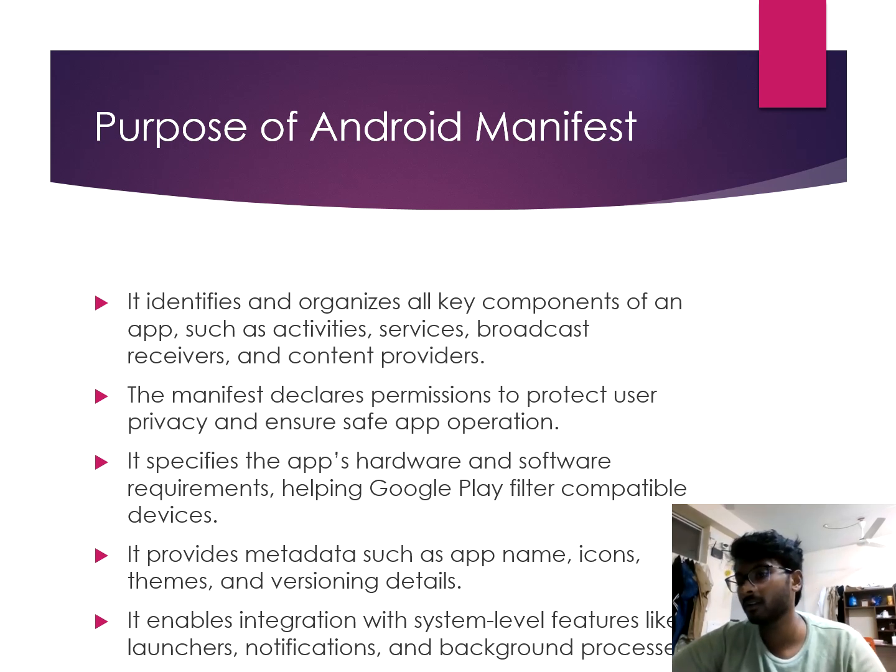So if it's made for the latest version, on a previous version it will install, but it won't run properly. Otherwise, if the device is even lower than the required software, we can't install it. Finally, it contains metadata like the app's name, icon, theme, and version details. Overall, it acts as the bridge between developer code and the Android system.